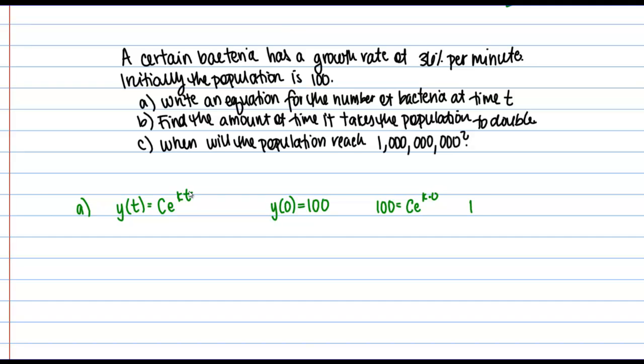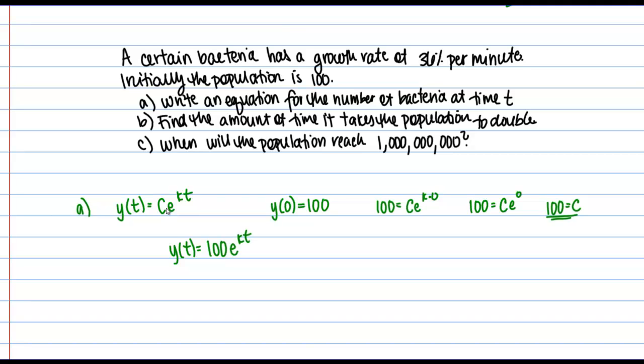So that gives me 100 equals c e to the 0. e to the 0 is just 1, so I get that 100 equals c. Okay, so now I know a little bit more about my equation. I know that y of t equals 100 e to the kt.